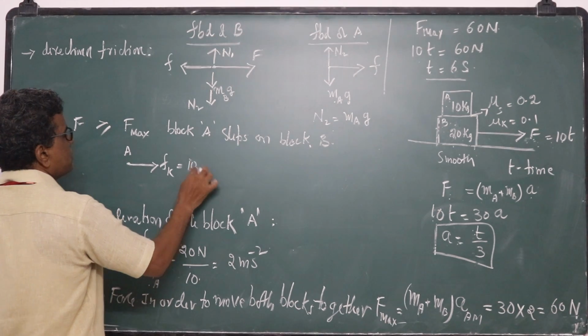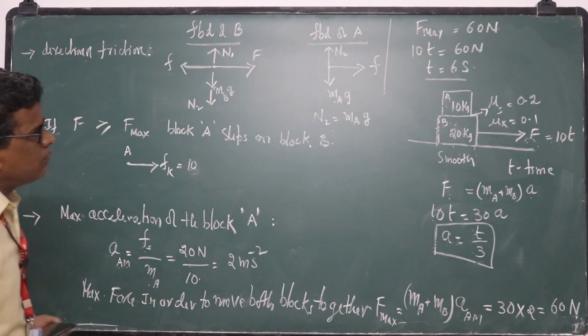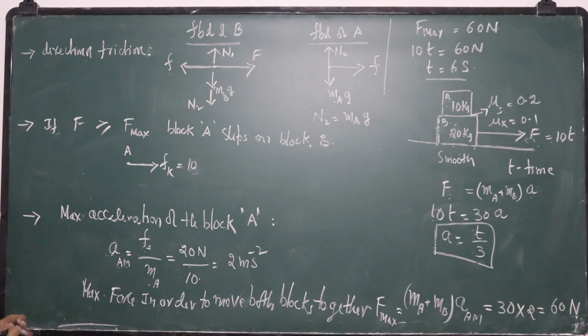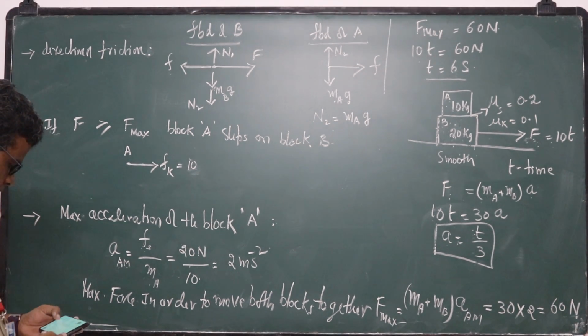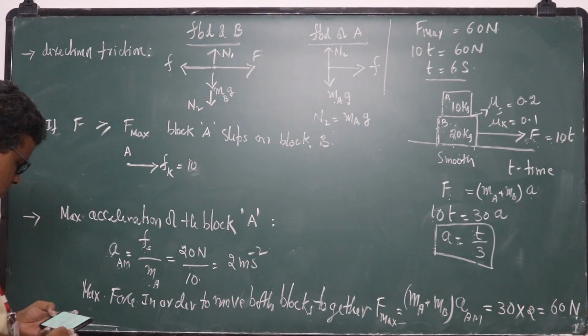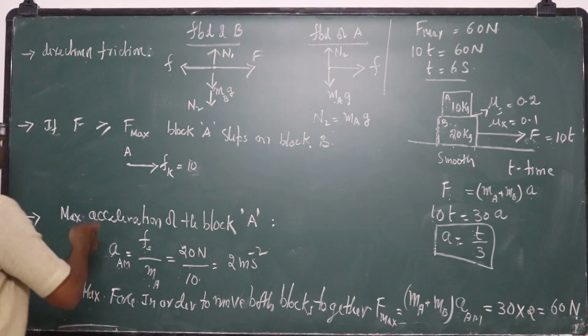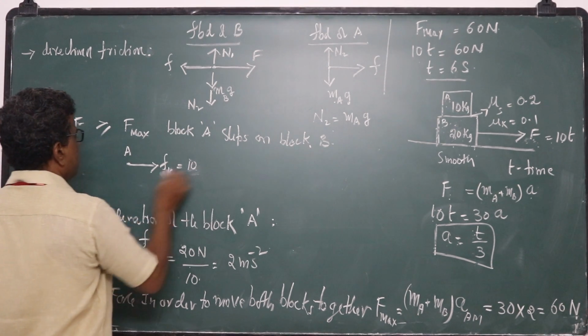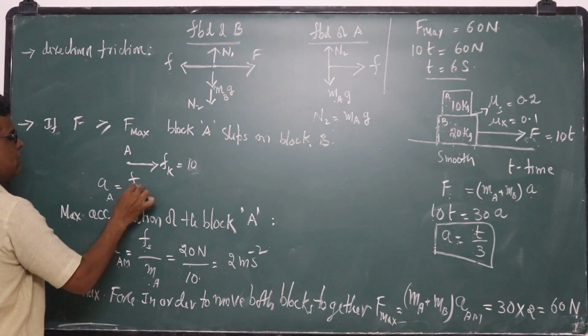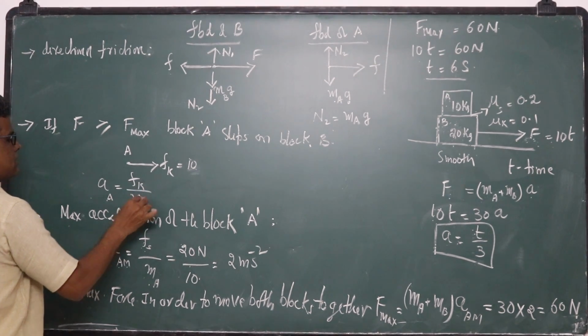What is the mass of A? 10. So Fk is 10. What is its acceleration? Force by mass. The acceleration of A is equal to the force acting on it by its mass.